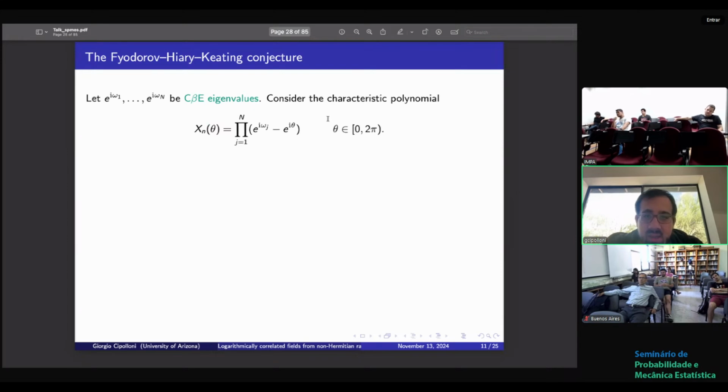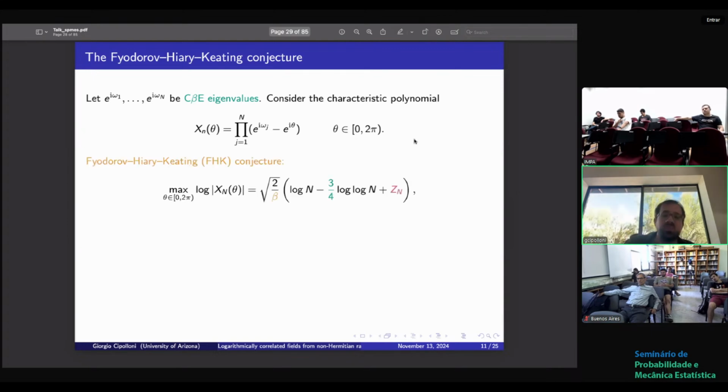And then we again look at a version of the characteristic polynomial that's denoted by X_n of theta, which is nothing else than the product of these eigenvalues minus e to the i theta. And in a beautiful conjecture in 2012, Fyodorov-Hiary-Keating conjectured that this log determinant of unitary matrices, in fact, falls in the universality class of logarithmically correlated fields.